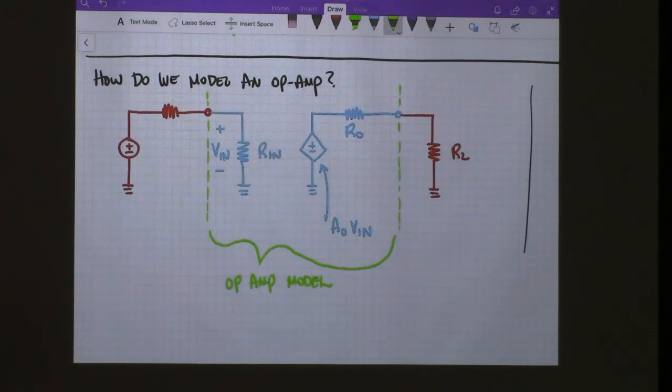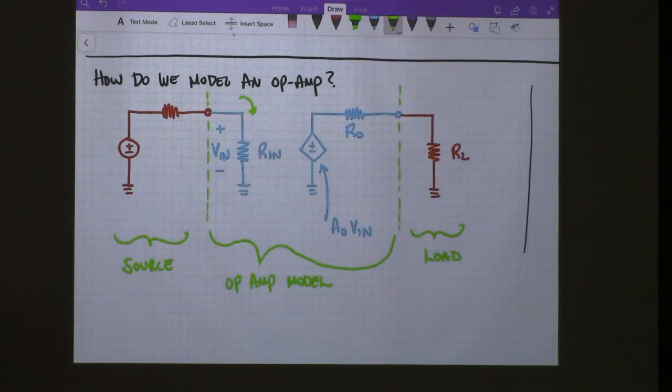This over here is simply a source. We haven't talked about those too much in depth. This type of source is called a Thevenin source. And then over here is just the load that we are attaching to the circuit.